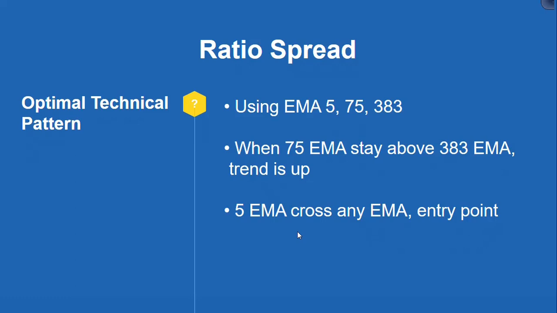When the 75 EMA stays above the 383 EMA, that means the trend is up, so we are bullish. And where is our entry point? When the 5 EMA crosses any EMA, like the 75 or 383 EMA, that is our entry point.